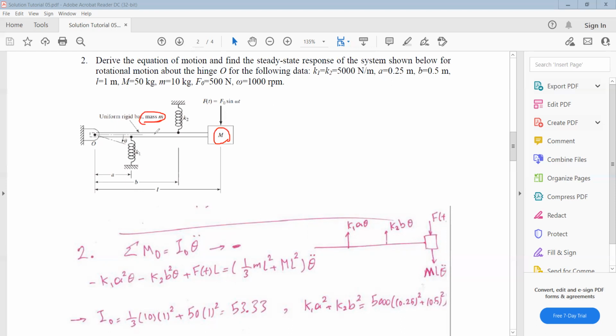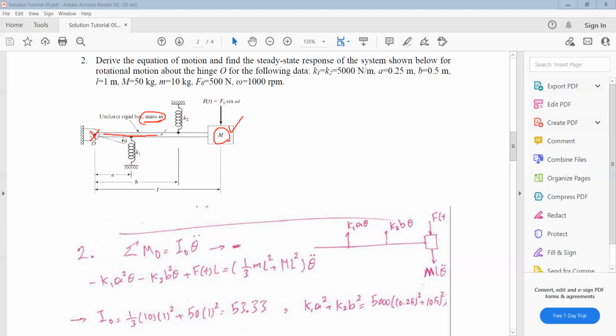One is the mass moment of inertia due to this bar, and the other one is due to this mass m. So we should consider both of them. Now we can write the moment equation about point O to extract the equation of motion.